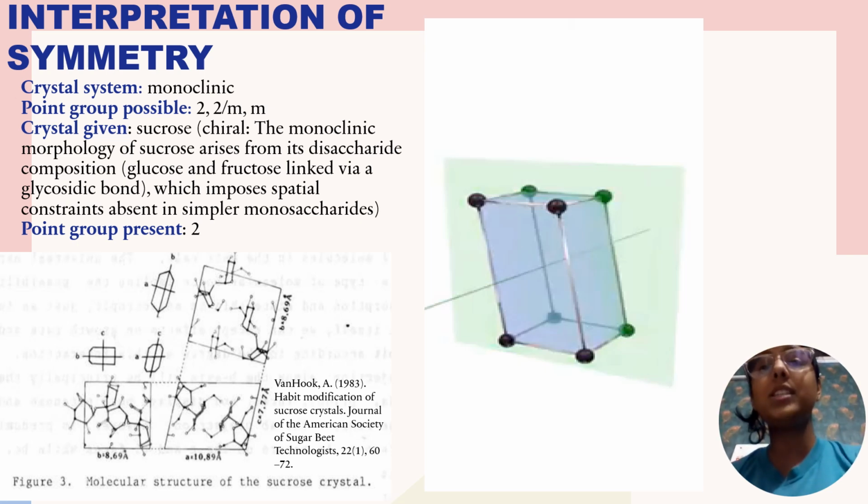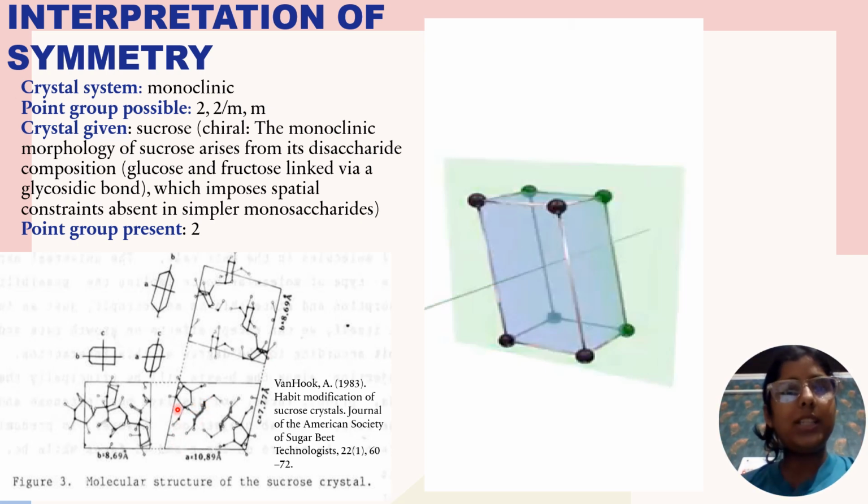For m to exist, the reflection of the molecule present here should be present at this position, and the reflection inverts the configuration. If the R molecule is present inside the crystal system, the S molecule has to be present at this position, which is not possible because our crystal system is chiral and can only have one enantiomer, either R or S. So the mirror plane cannot be present, but the twofold axis can be present.